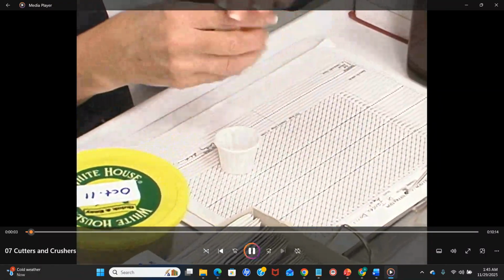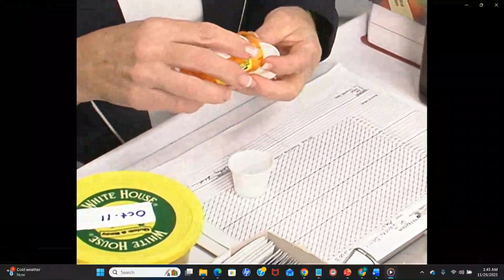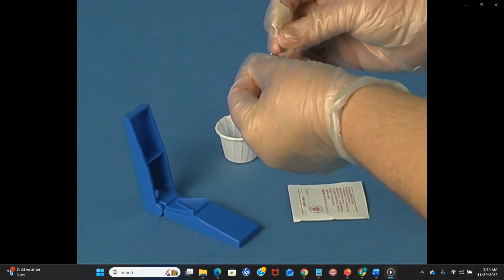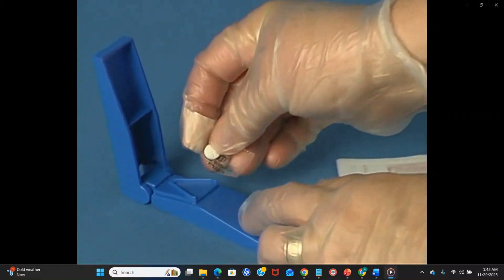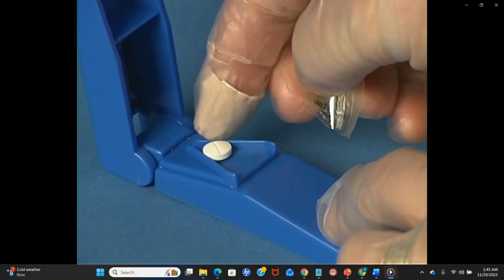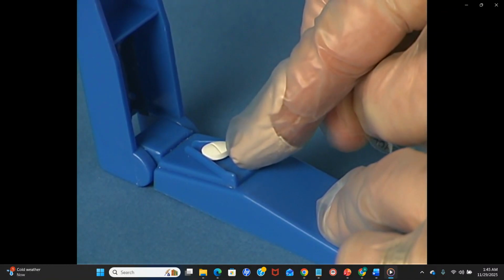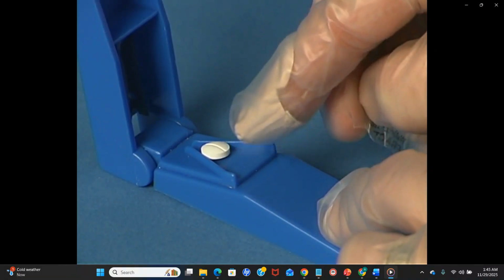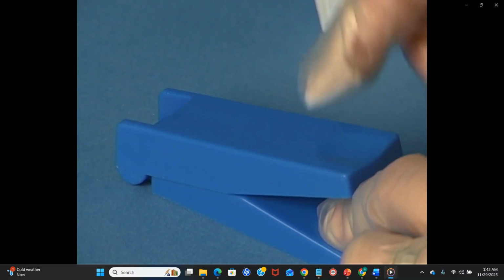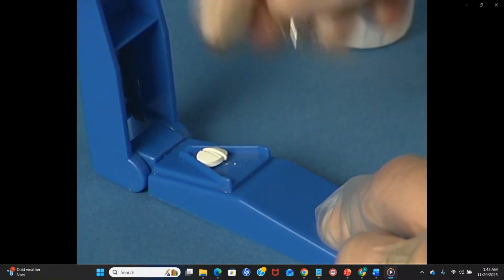Some pills require that they be crushed or cut in half. Some pills are scored with a carved groove, which means it can be cut into two equal halves. Wearing gloves, place the tablet in the pill cutter, lining up the groove with the blade. Firmly press down on the cutter until the pill is split.